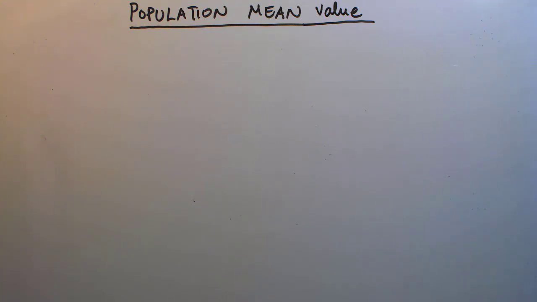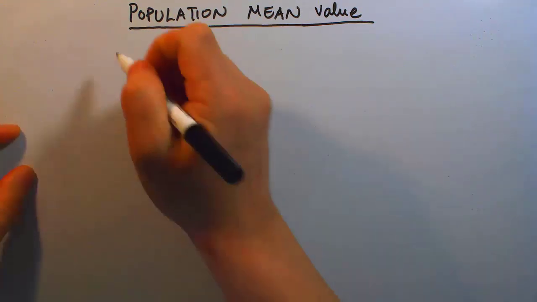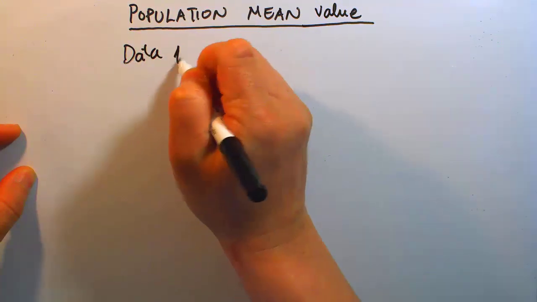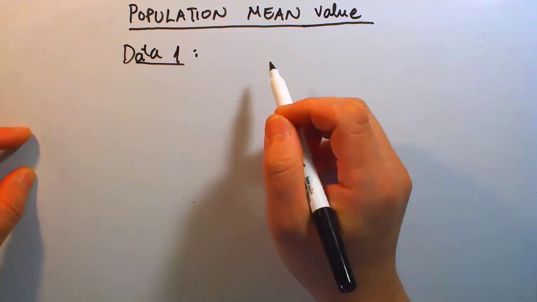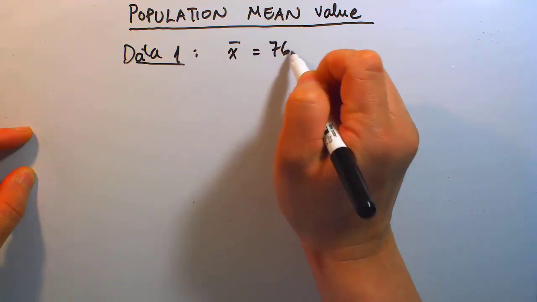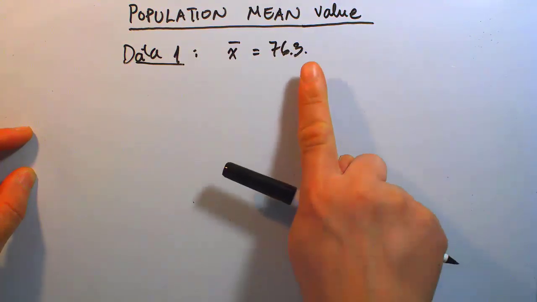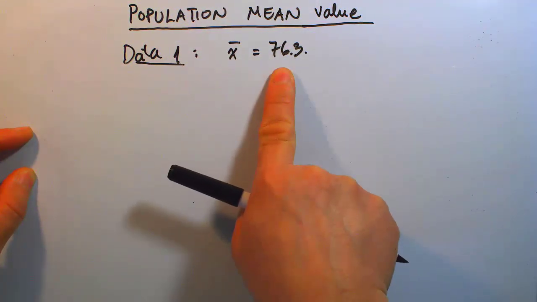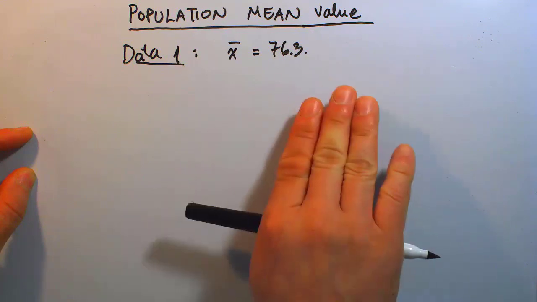Now, remind yourself that we already have the mean value for data one. Long ago, throughout past lectures, we found that the mean value of data one equals 76.3. So my aim is not to rediscover this value. We've had it long ago, it won't change.